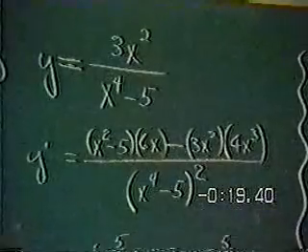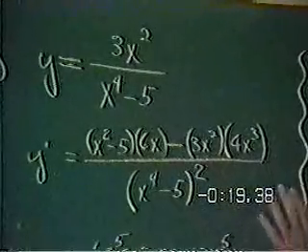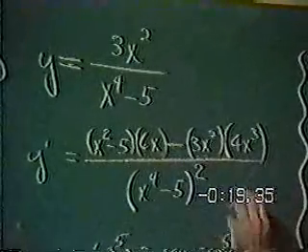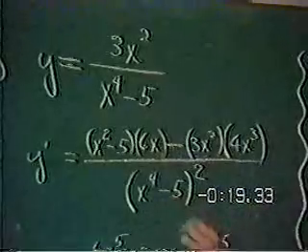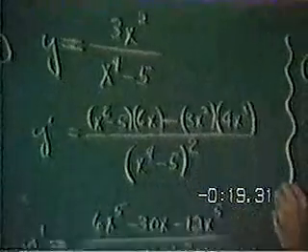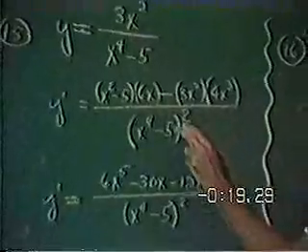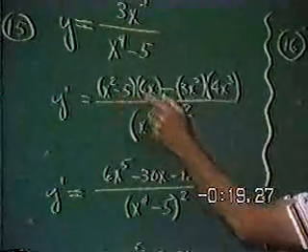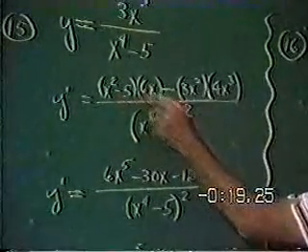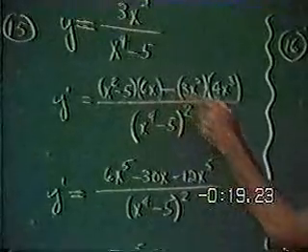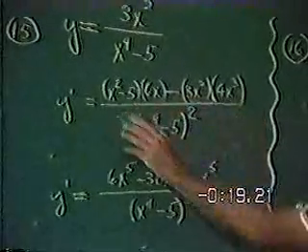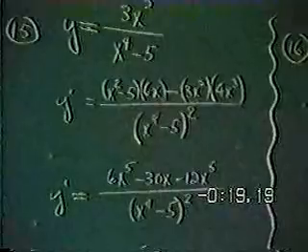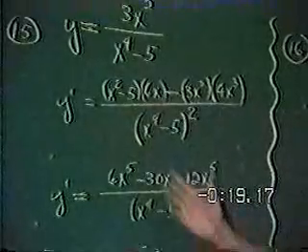And if you will remember it that way, then you remember the quotient rule says write one down times the other one plus write the other one down times the other one. The division rule says denominator times derivative of the numerator minus numerator times derivative of the denominator, all over denominator squared. Well, finishing this is the algebra.